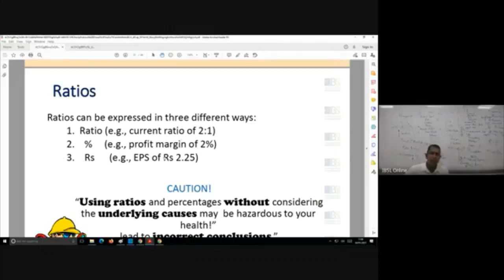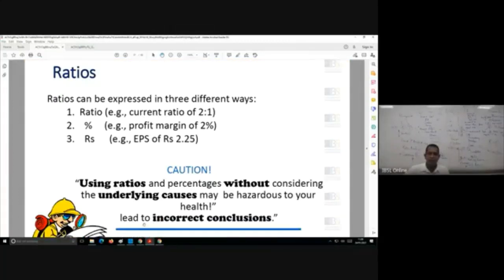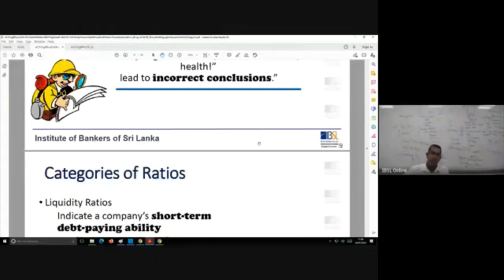The rupee ratio is only for the market ratio, which is calculated for listed companies. Using ratios and percentages without considering the underlying reasons leads to incorrect conclusions. That will bring you wrong decisions.